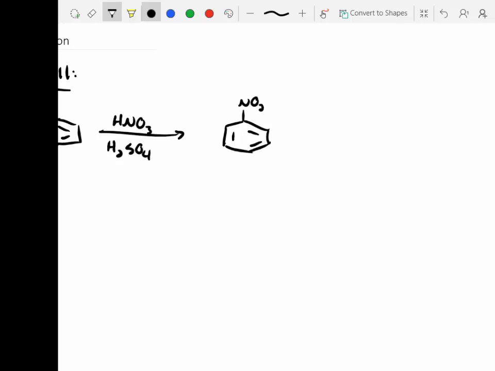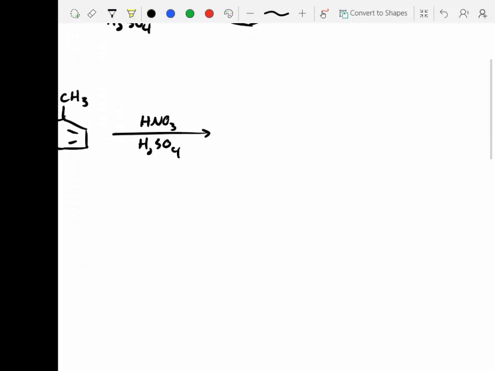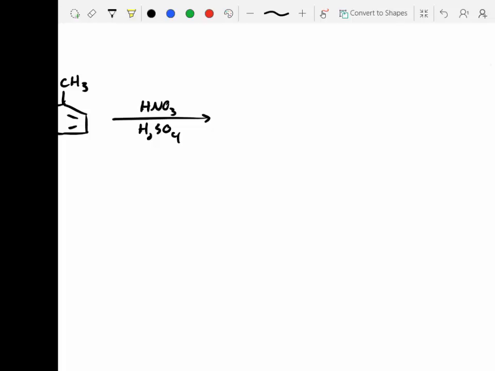So let's take a look at a cool example of this. What's this compound called? Toluene, right? So if you take toluene and you react it with nitric acid and sulfuric acid, you'll add on some nitro groups.